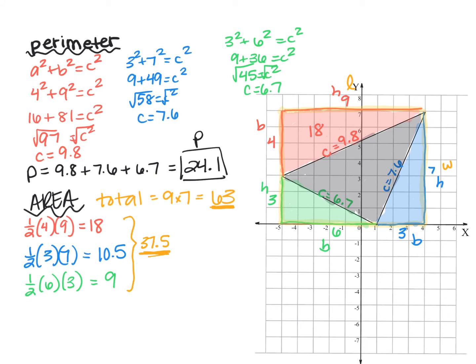So now we need to take them away, and that will give us what's left in our original triangle. So the area of our original triangle is going to be 25.5.